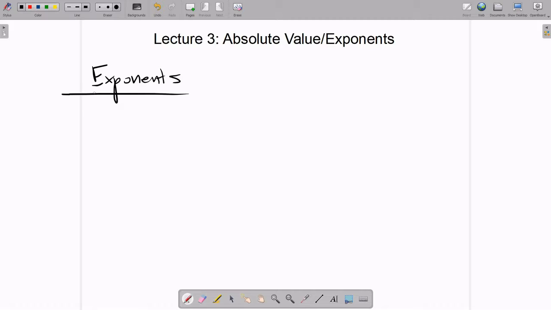Exponents are a way to make multiplication easier, especially if you're multiplying the same number so and so amount of times. The general form of an exponent would be two parts.